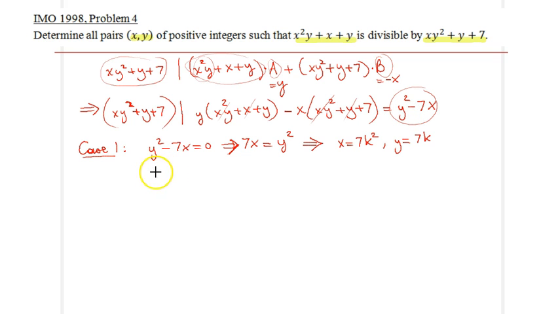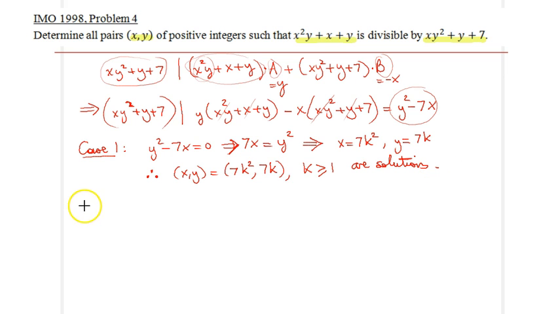So all the pairs (x, y) equal to (7k squared, 7k), of this form where k is greater than or equal to 1, are solutions. So that's good. So that would be the first case.